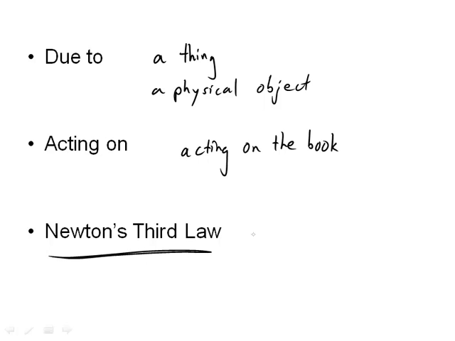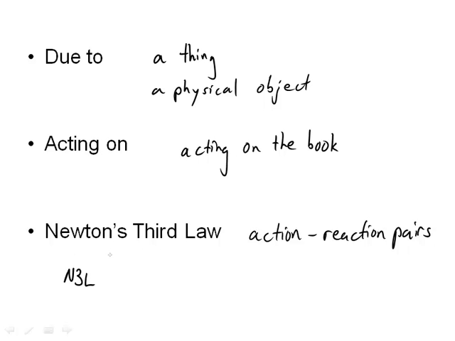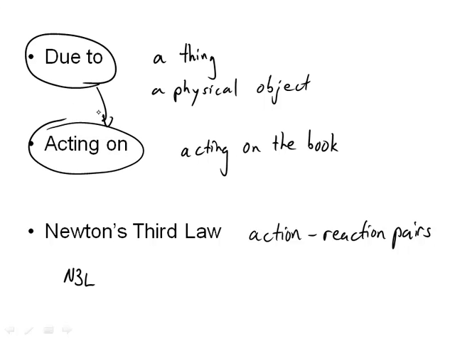Newton's third law is the whole concept of action-reaction pairs. Newton's third law always comes in pairs, and I'll oftentimes label those as N3L, Newton's third law pairs. And the way you know a third law pair is you take whatever it's acting on and whatever it's due to, and you switch the two.